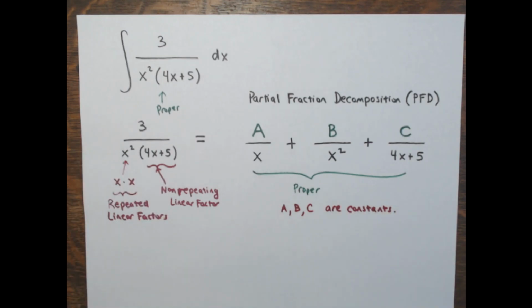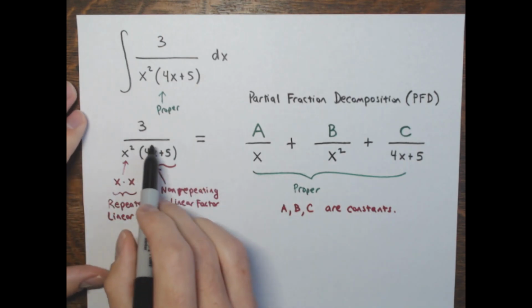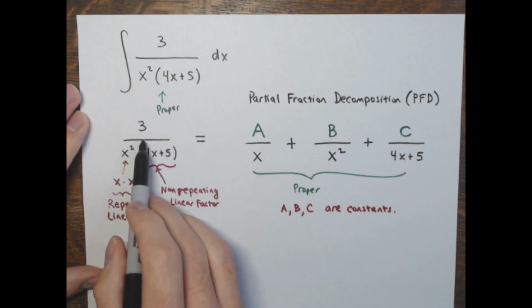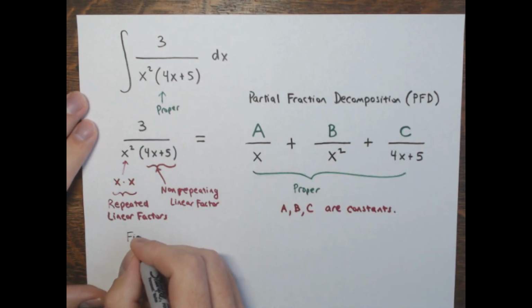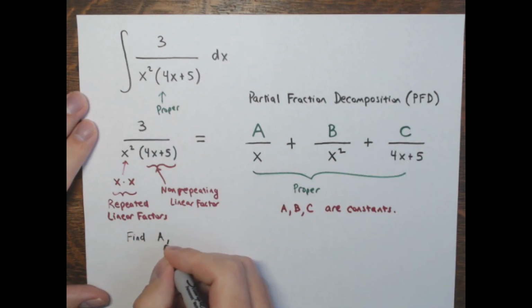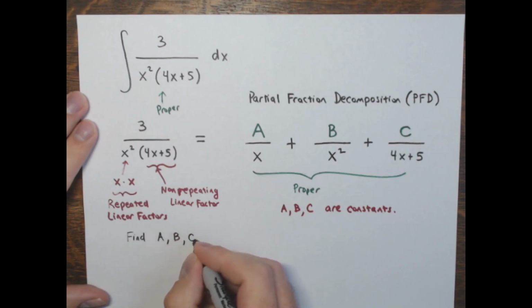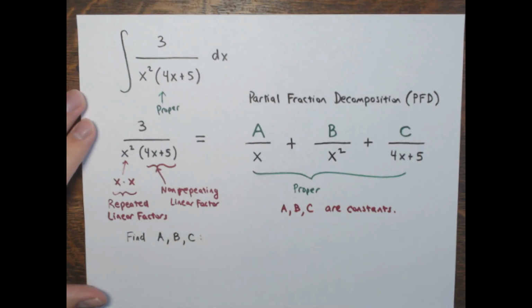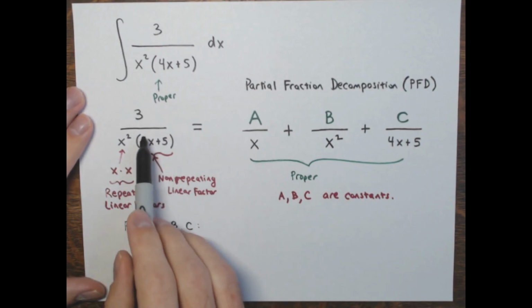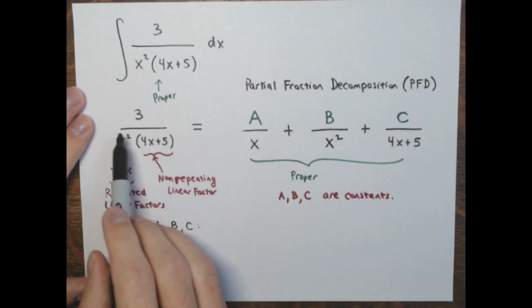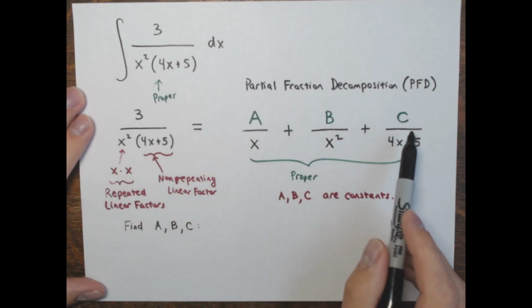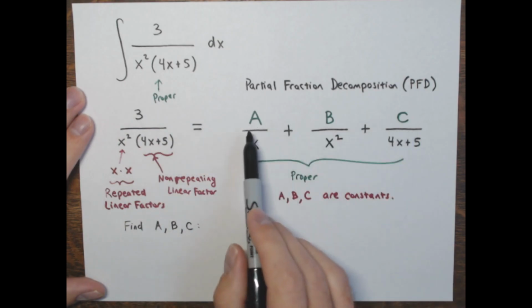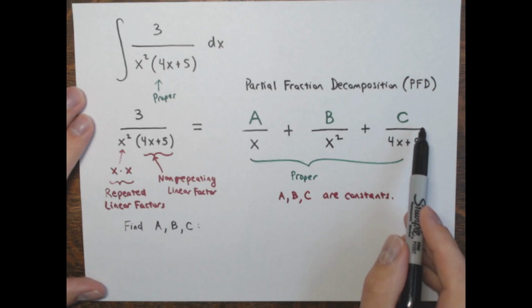So now the goal, I'm trying to get a sum of fractions here that's actually equal to my original. I want to find a, b, and c. I want to find the value of these constants. And the first thing I'm going to do is take this equation, where we took our original proper fraction and wrote it as a sum of other proper fractions, this partial fraction decomposition here.